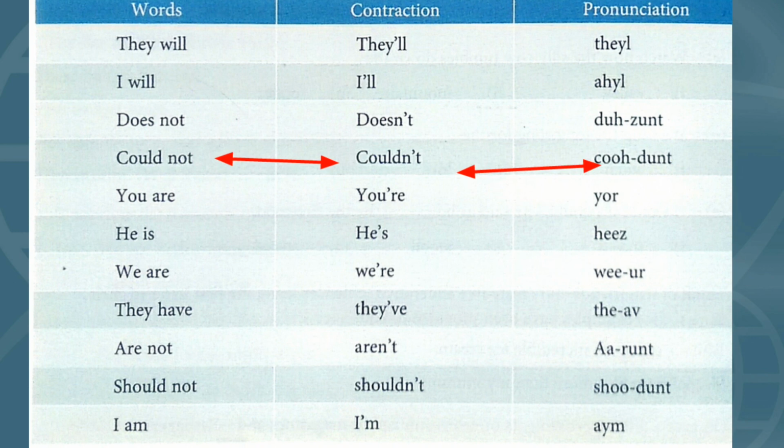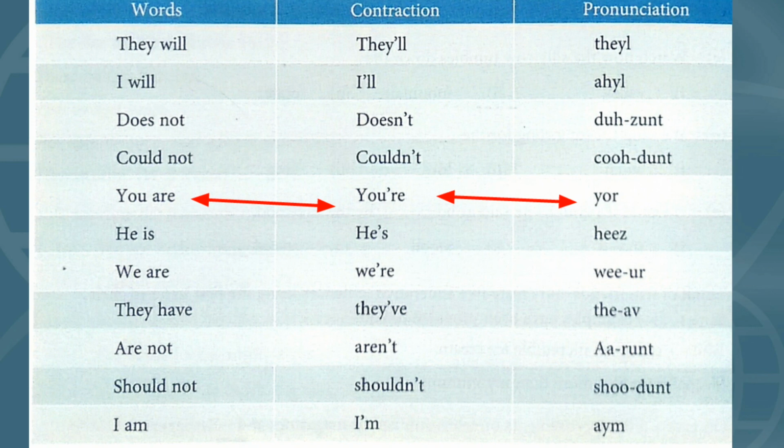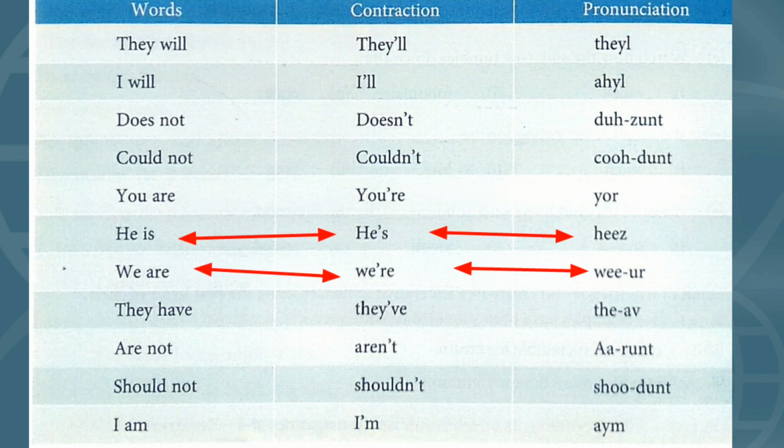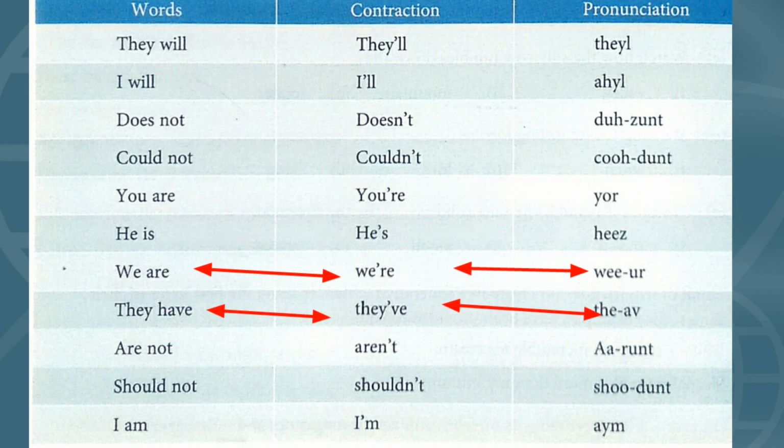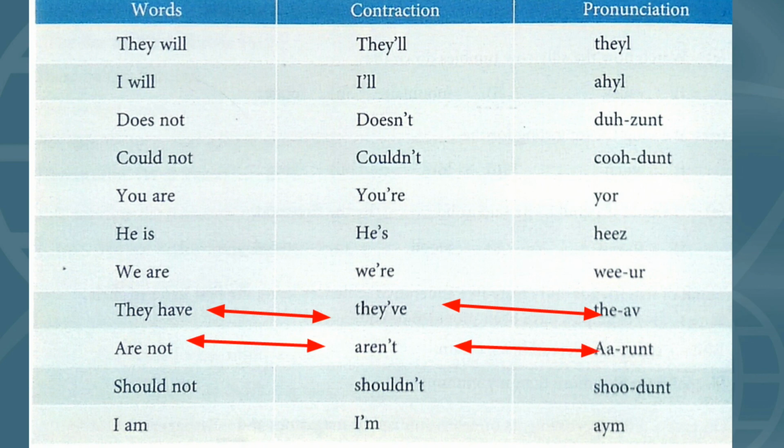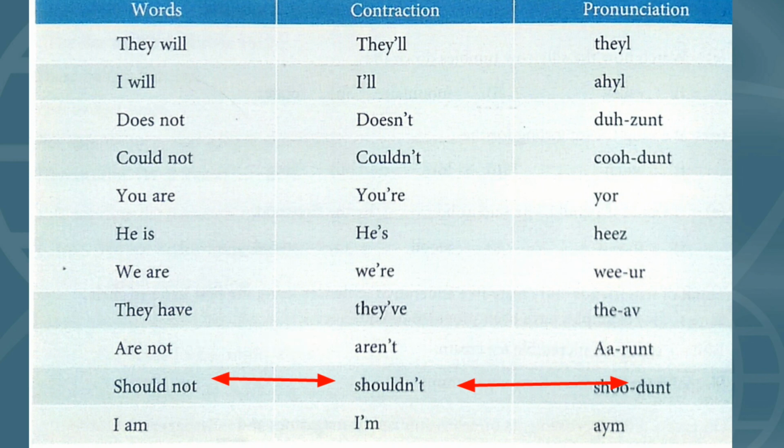You are: you're. He is: he's. We are: we're. They have: they've. Are not: aren't. Should not: shouldn't. I am: I'm. Look at that, how the words are contracted, and the pronunciation is given on the side.